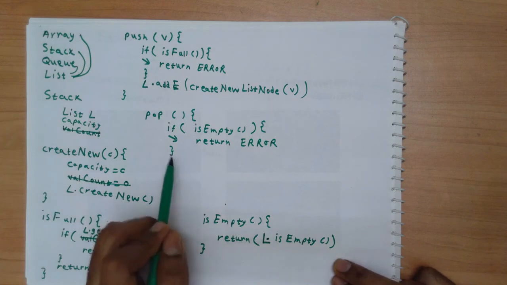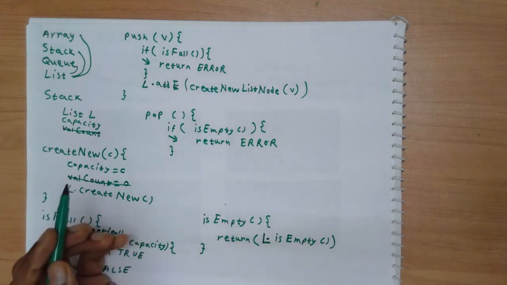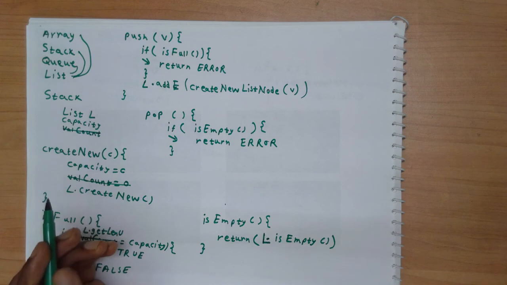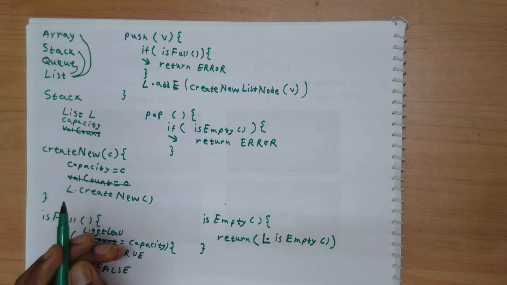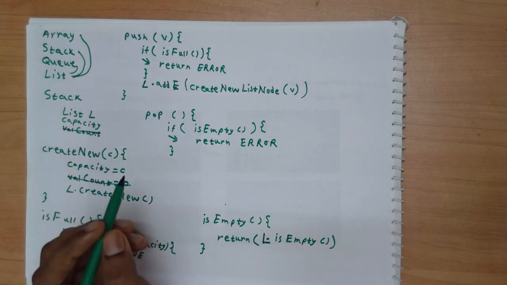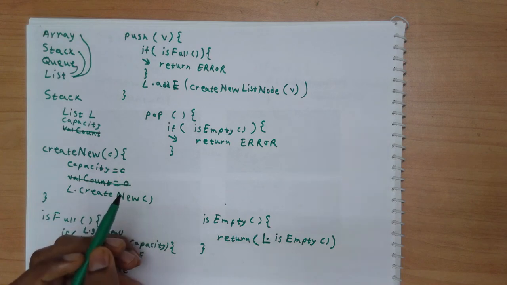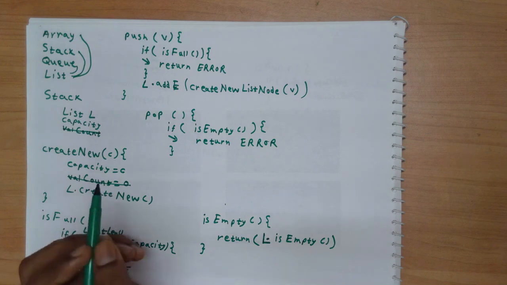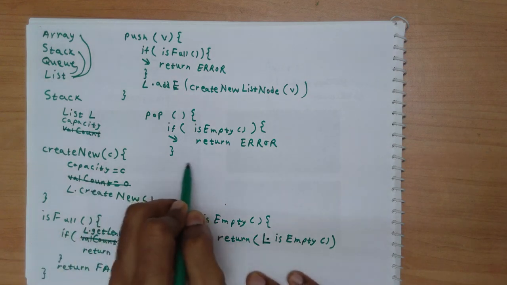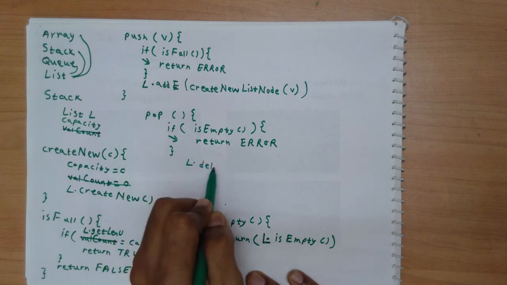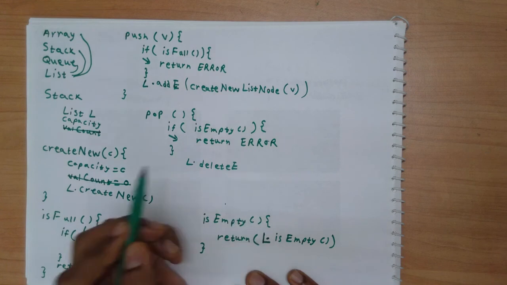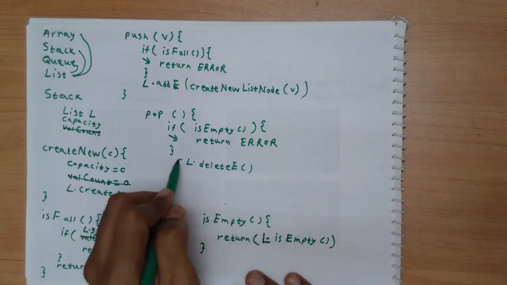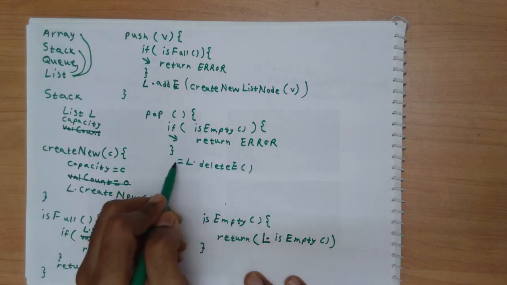However, if my stack is not empty, then what I should do is delete from the end of my list. That's how my pop would work. So I'll say l dot delete from end, and that would give me the address of a particular node.